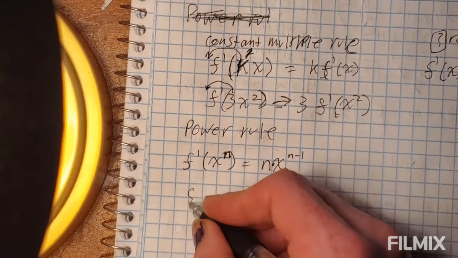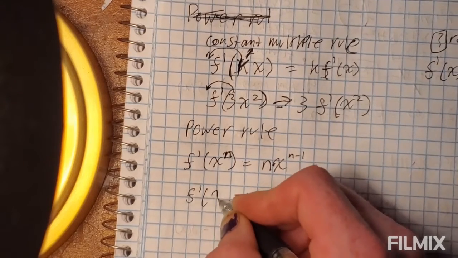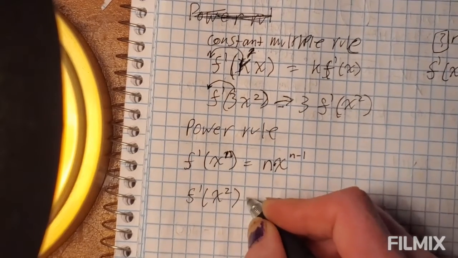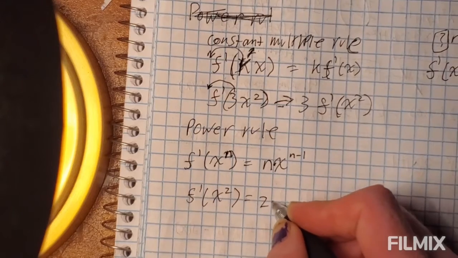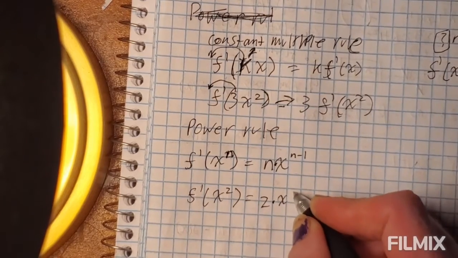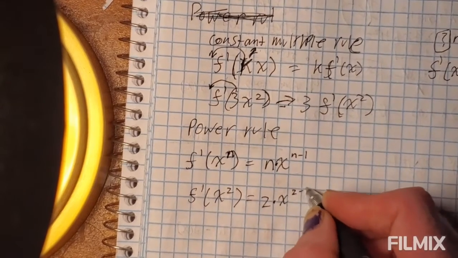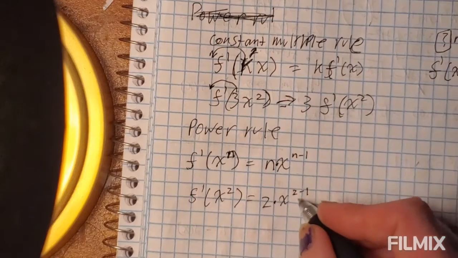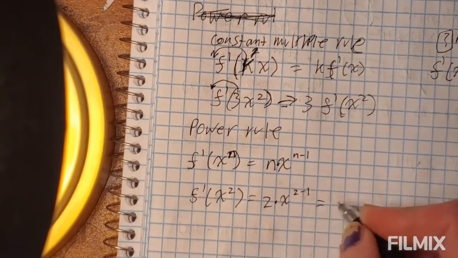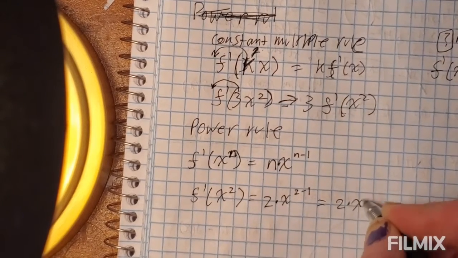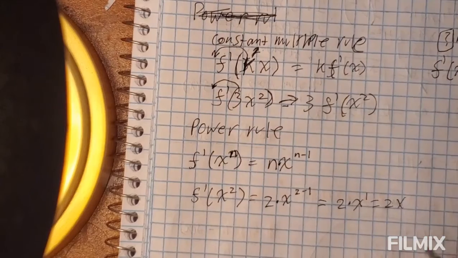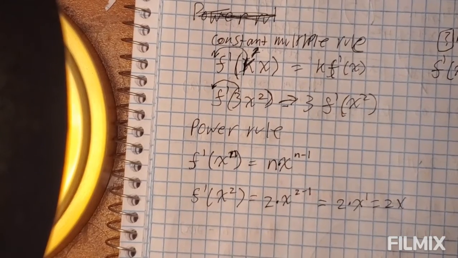So f prime of x squared becomes 2 times x to the 2 minus 1, because 2 is n, 2 minus 1 power, which equals 2 times x to the first, which equals 2x. And that's great.